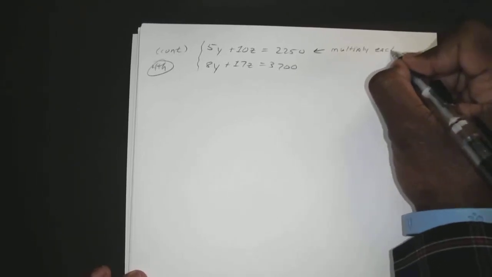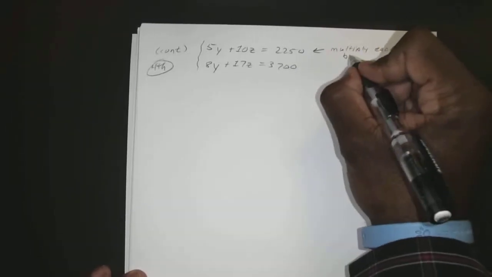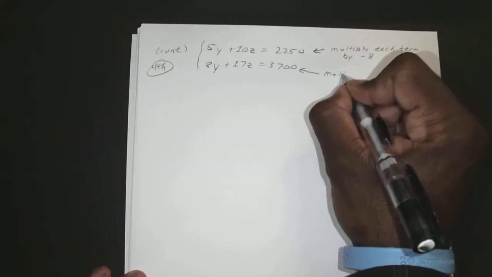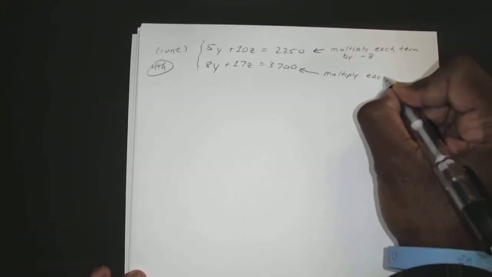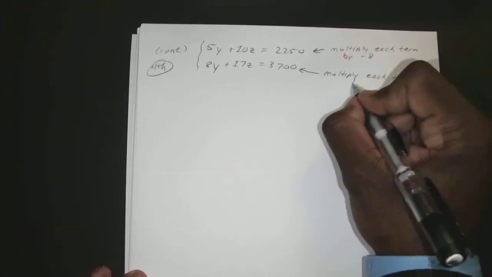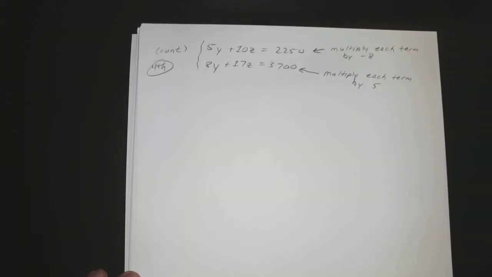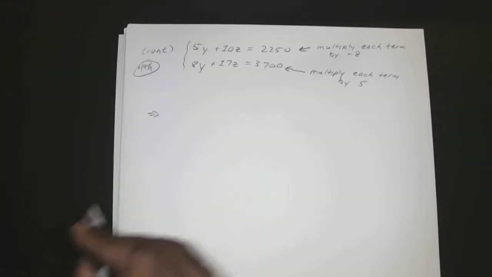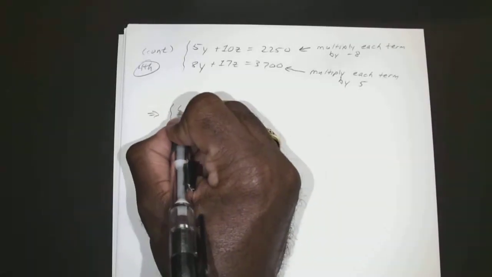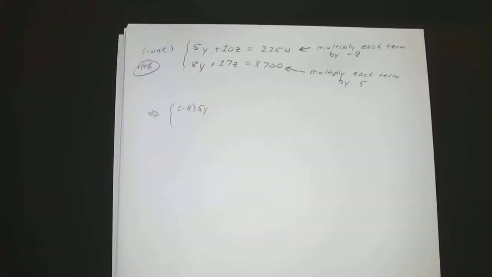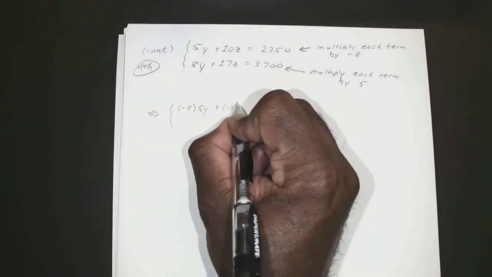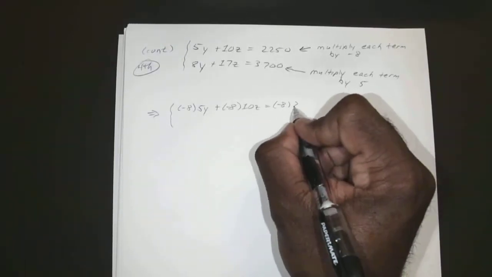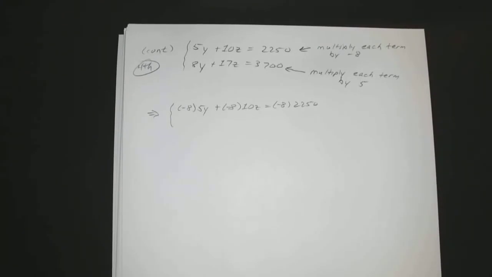So multiply each term by -8. And for this one, multiply each term by +5. Okay, so if we did that, we'd have -8 times 5y plus -8 times 10z equals -8 times 2,250.